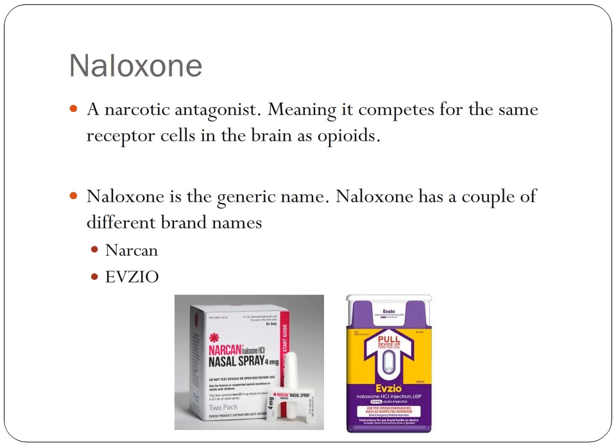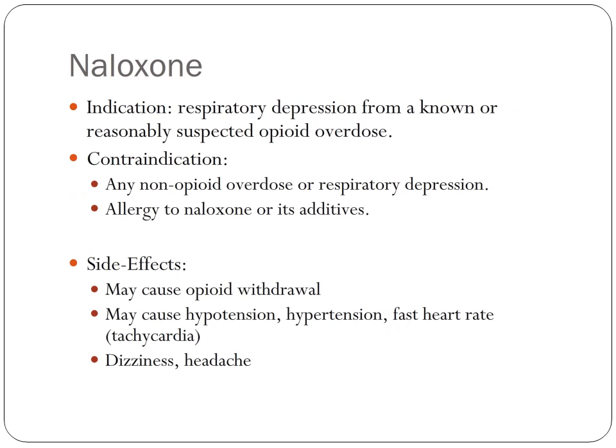And also there is an auto-injector called Evzio, which functions very similarly to the EpiPen. If your fire department does get either of these types of medications, feel free to get with us and we will show you specifically how to use them.